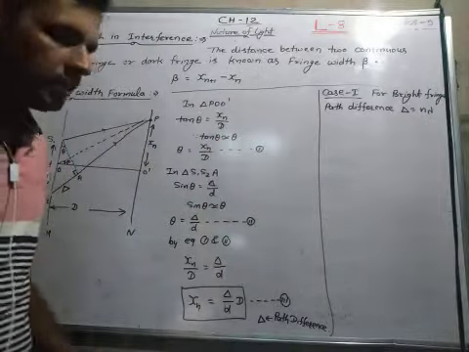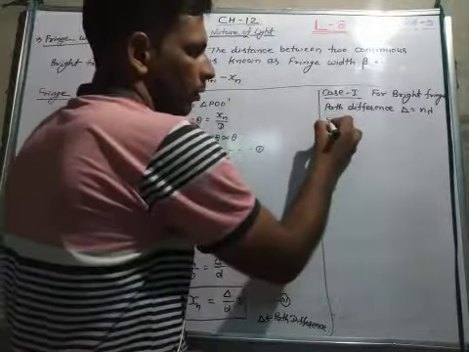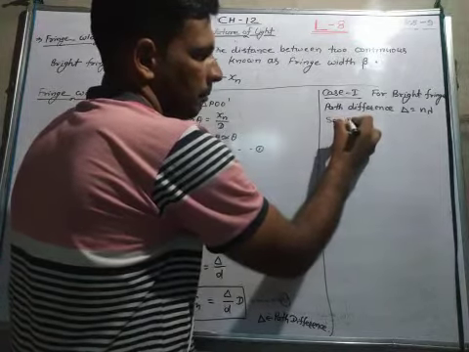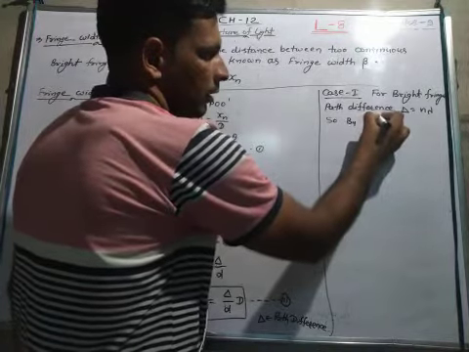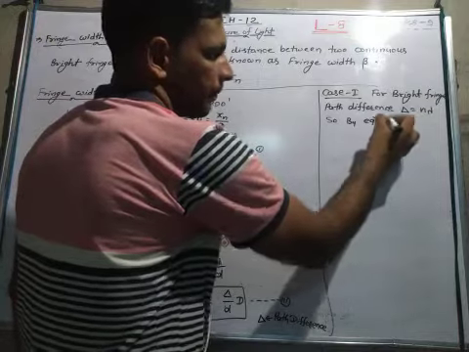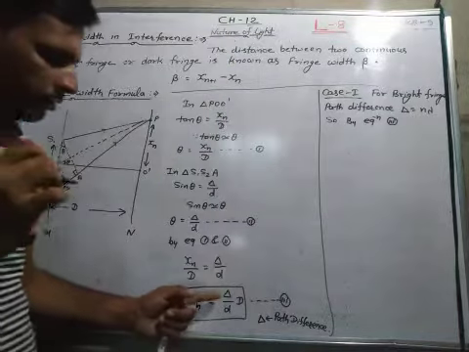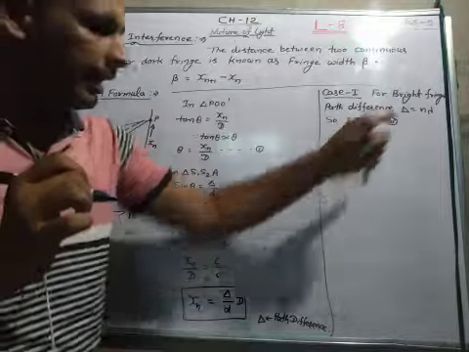So by equation third, at the place of delta we take n lambda.